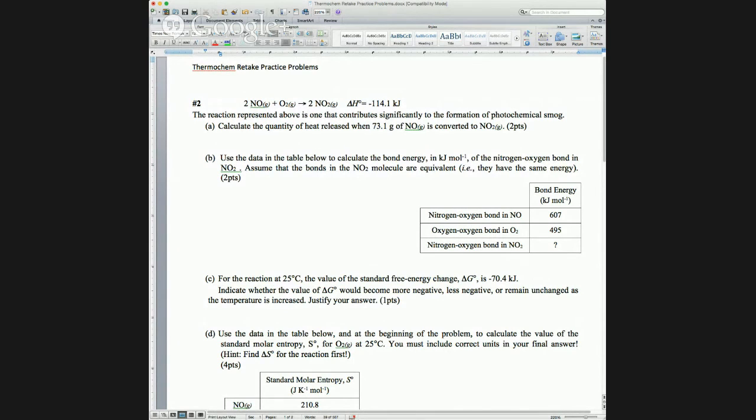So looking at that, you realize, hopefully, that you are dealing with a very similar problem to 1A, where you have grams, you need to convert it to moles. Because right up here, this is delta H. If you are making 2 NO2, that's how much delta H you have. So if you're watching this later, you should stop the video and try to solve this.